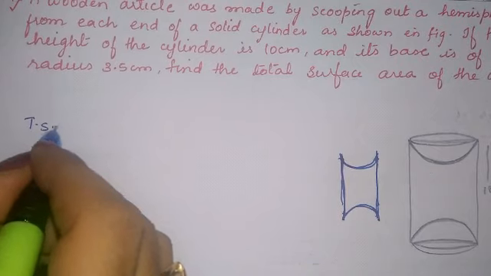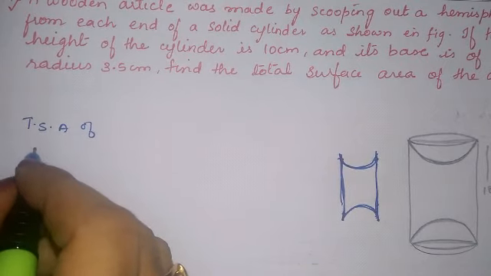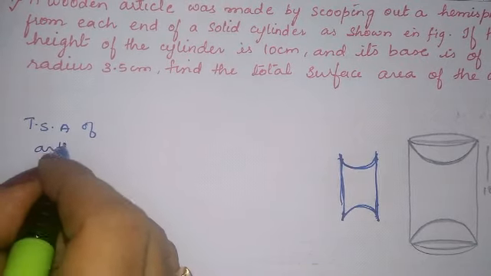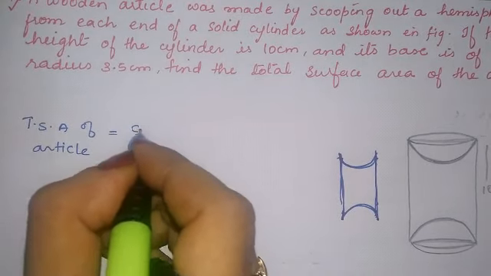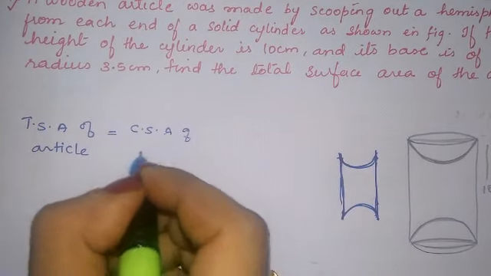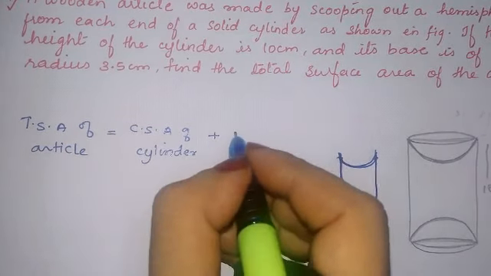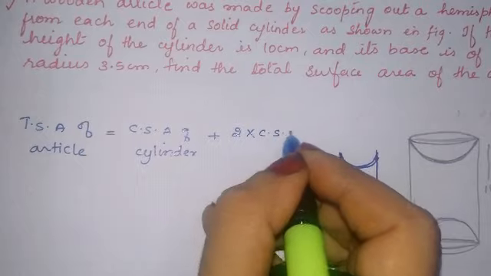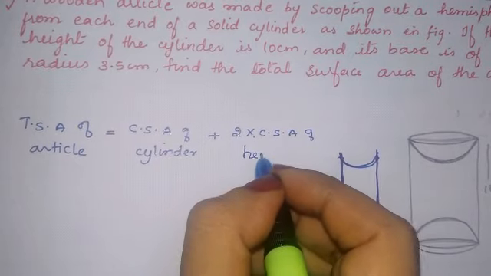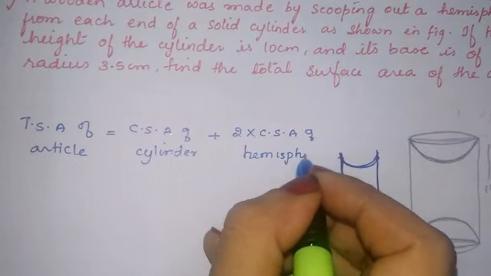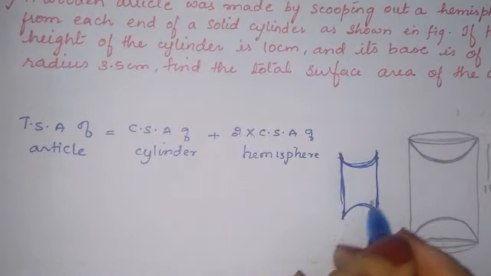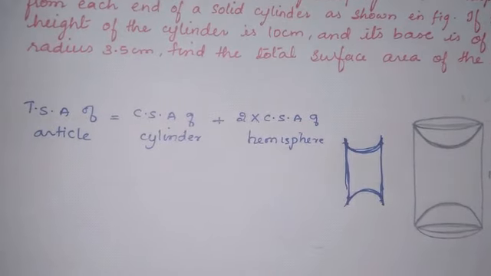Total surface area of the article is equal to CSA of cylinder plus 2 into CSA of hemisphere. Why 2? Because it is scooped out from both sides. Okay.